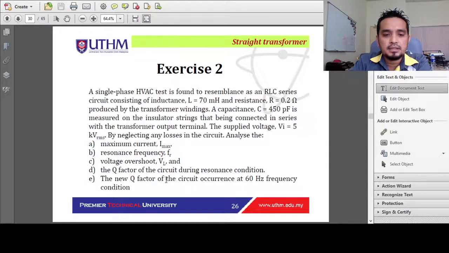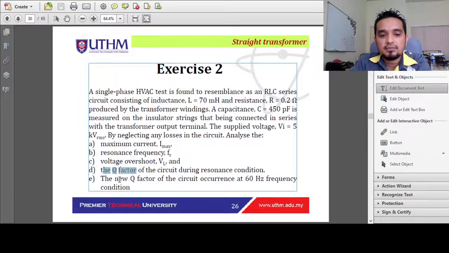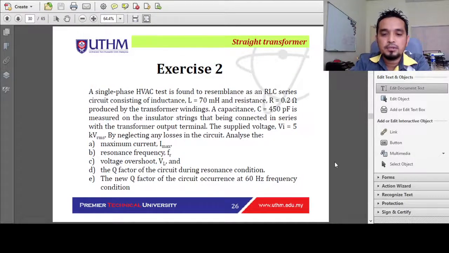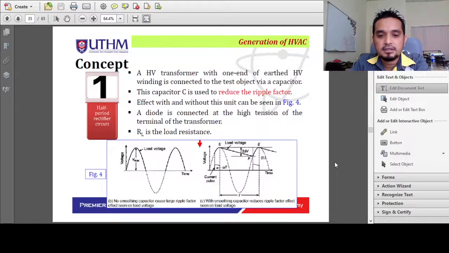Okay, the new Q factor of the circuit if the occurrence is at 60 Hz frequency condition. Okay, we calculate the Q factor. How about calculating the new Q factor if the circuit operates at 60 Hz? So what you need to do, you manipulate the formula here.